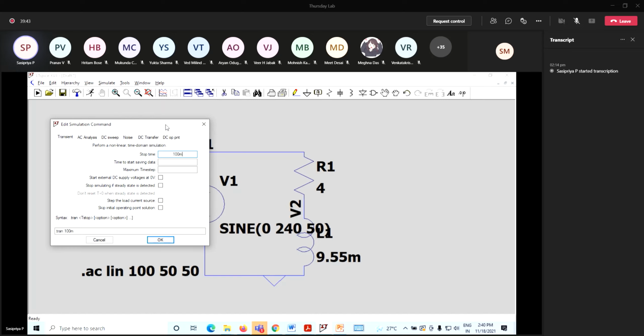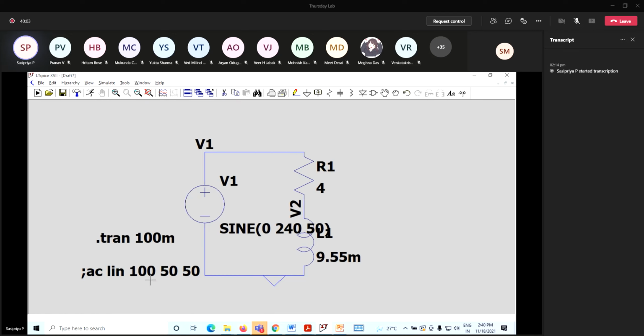One cycle time period is 20 milliseconds. So I give the stop time as 100 milliseconds, so the simulation will run up to 100 milliseconds. One cycle is 20 milliseconds, so I could see 5 cycles. Click on OK. Now I'm going to run the simulation using transient analysis.